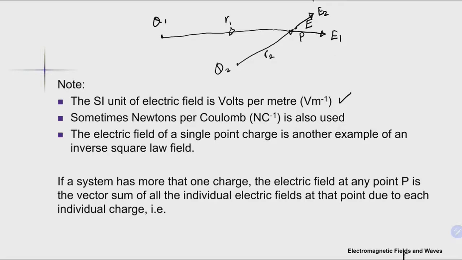I'm sure you know how to sum up vectors. So this will be my vector E. If you have more, if you have 2, 3, 4, it's just a sum of all electric fields in vector.